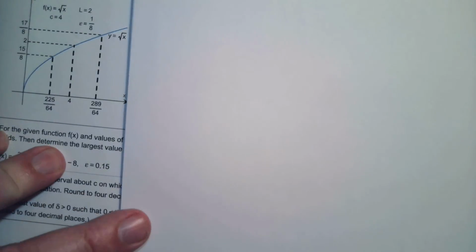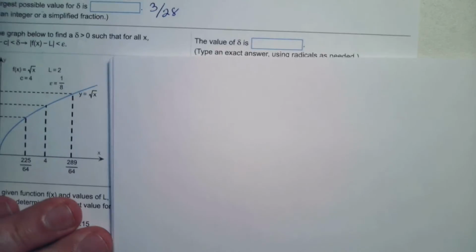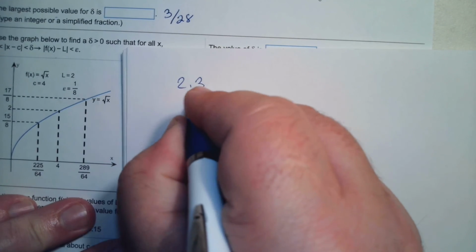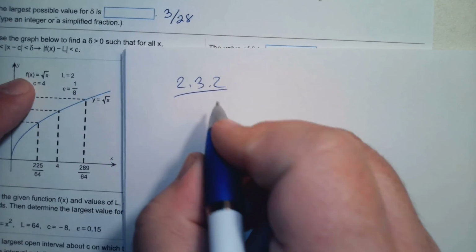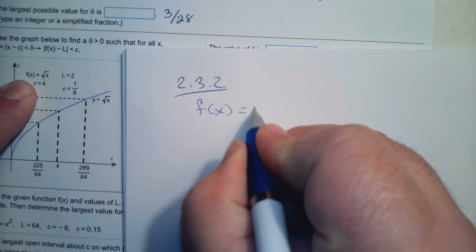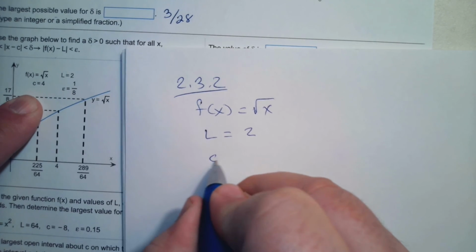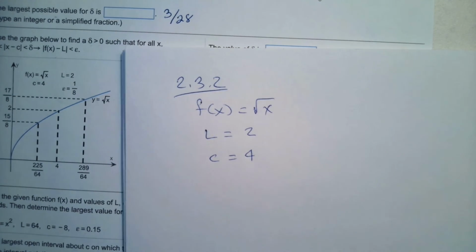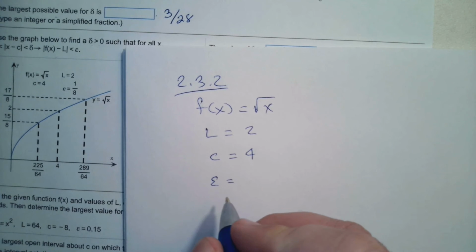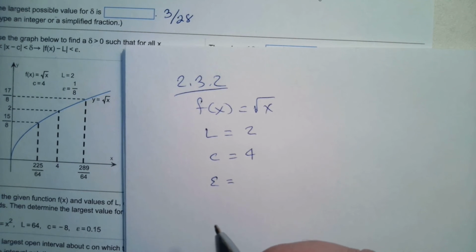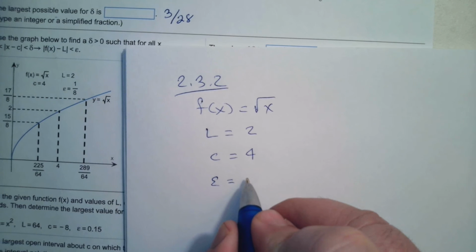So let's look at this graph. We know that f of x is radical x. The limit is 2, C is 4, and epsilon is 1 over 8.